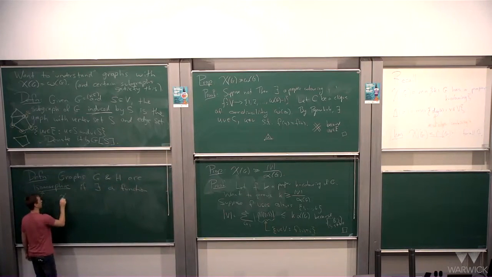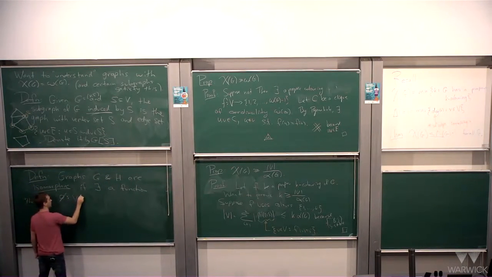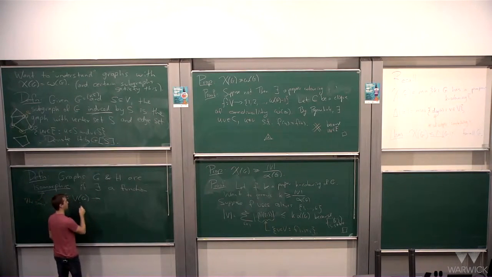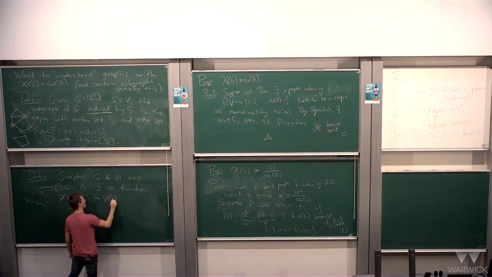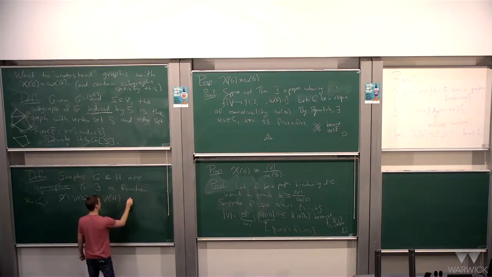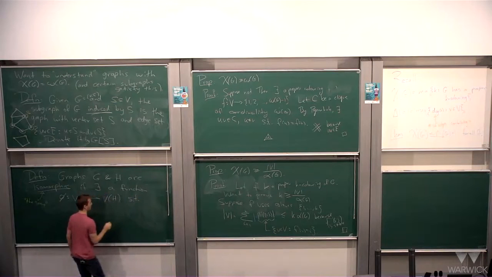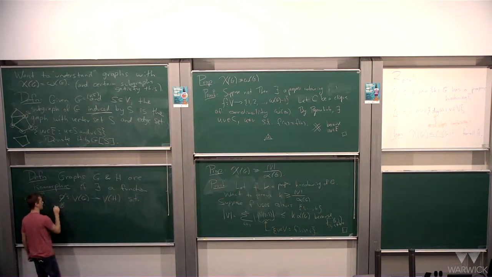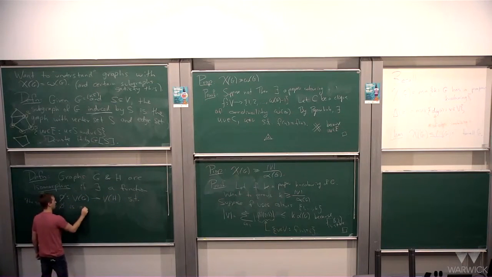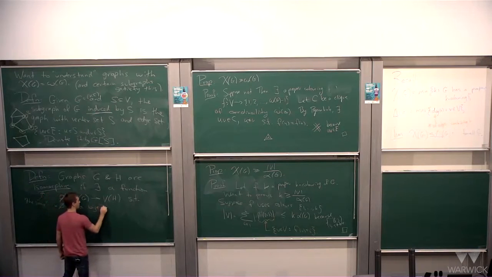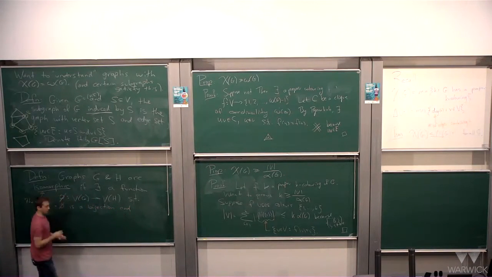from the vertex set of G, which I'll denote V(G), to the vertex set of H, such that phi is a bijection, so it literally maps one to one and onto.